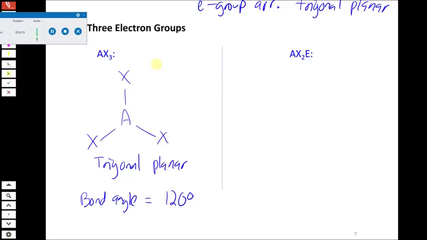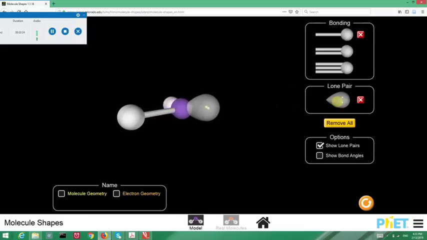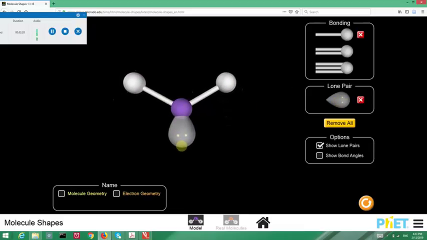All right, and then the other possibility with 3 electron groups is AX2E, so we're going to remove one of the bonded atoms and replace it with a lone pair. So we take one off and put a lone pair on. And as I said before, when you have 3 atoms bonded together, there's only 2 possibilities, linear and bent, and I think we can pretty clearly tell that this one is bent. You will sometimes see them referred to as V-shaped also.